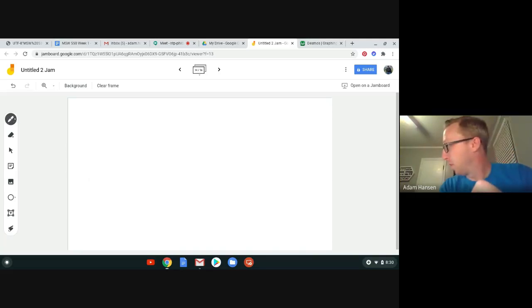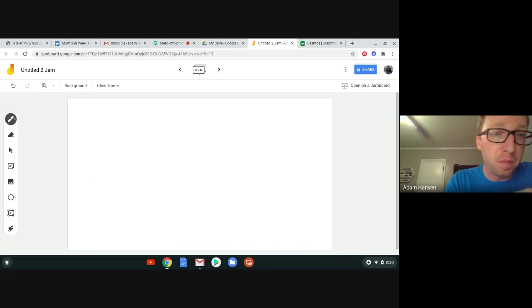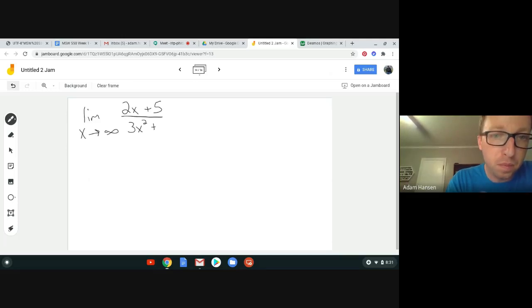So for our first one, the limit as x approaches infinity of 2x plus 5 divided by 3x squared plus 1. So what's the largest power of x? Well, obviously that's going to be x squared.